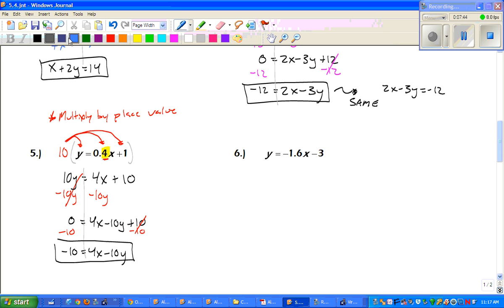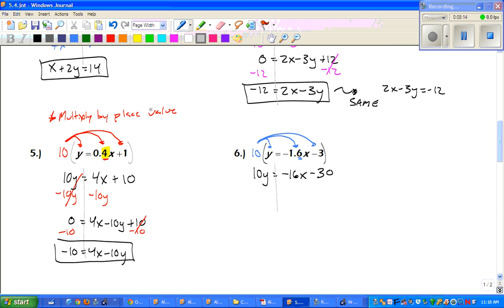Okay, number 6. We're working with decimals again. What are we going to multiply everything by? Okay, it's in the 10th spot. So let's start. 10y equals, remember we just moved the place value 1 over, so that's 16x minus 30.